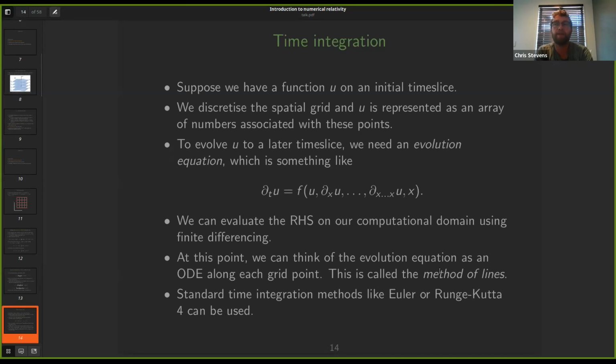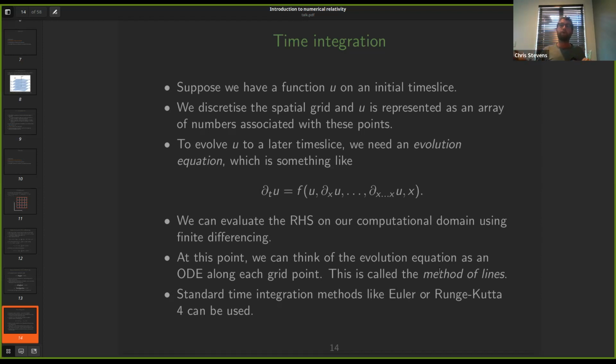Now, at this point, we would have our evolution equations. So, for example, we have dt on f is equal to something. If that something is algebraic, we can plug in our initial data that we know satisfies the constraints.